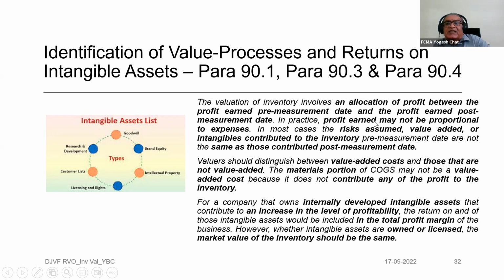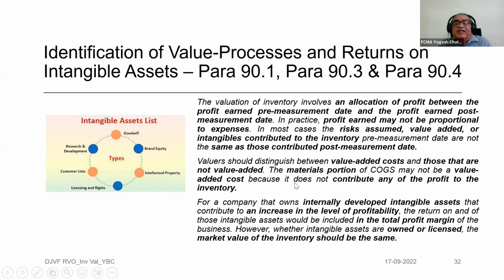In practice, profit earned may not be proportional to expenses. In most cases, risk assumed, value added, or intangible contributed to the inventory pre-measurement date are not the same as those contributed post-measurement date. So very important.